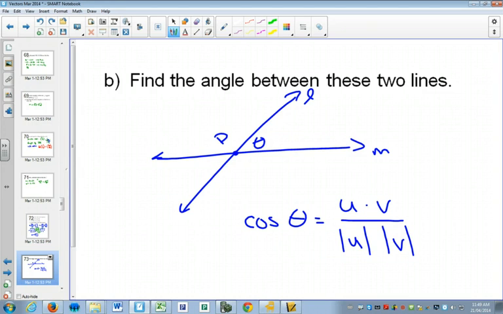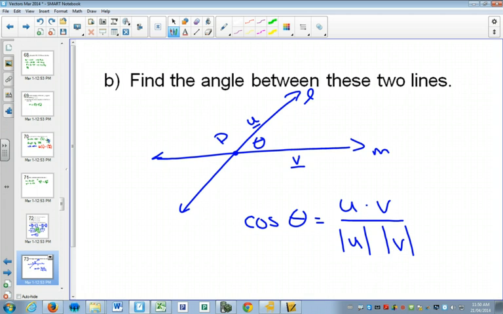Excellent. The absolute value bars represent length. So this is going to be my vector u, and this is going to be my vector v. Because if we look back, it said when two vectors are arranged tail to tail, you can find the angle between them this way.